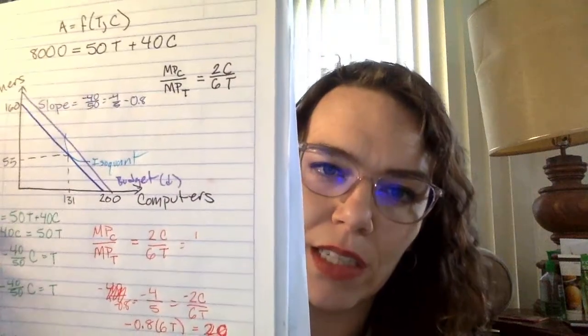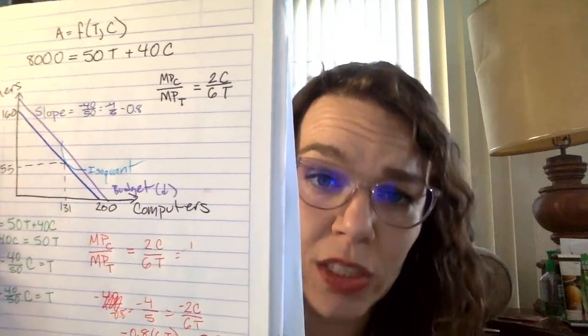All my papers got mixed up just now. There it is. So part D, what would happen if the school faced an increased budget? The budget constraint would shift out, and the slope would stay the same.